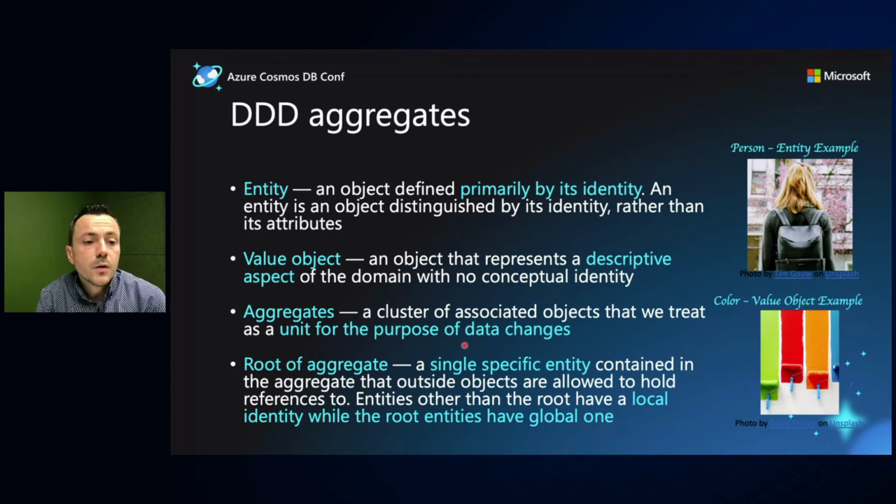Each aggregate also has one entity defined as the root of the aggregate, and the others are non-root entities. The root entity has a kind of global identity, while non-root entities have only local identities and can be referred to only inside the aggregate.